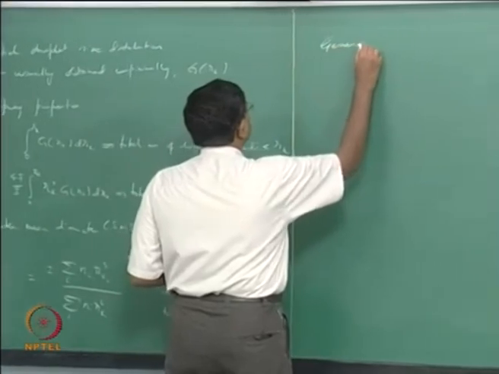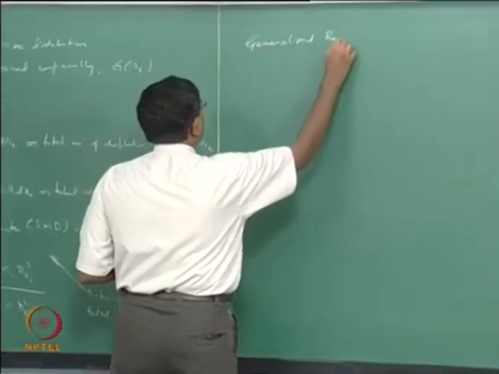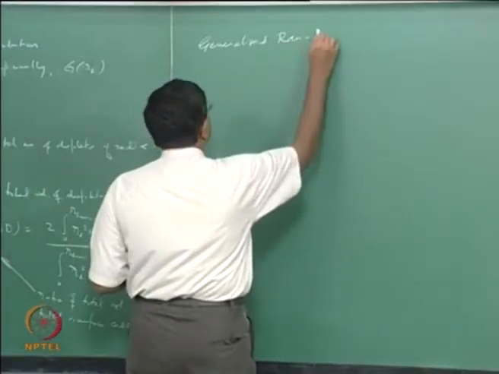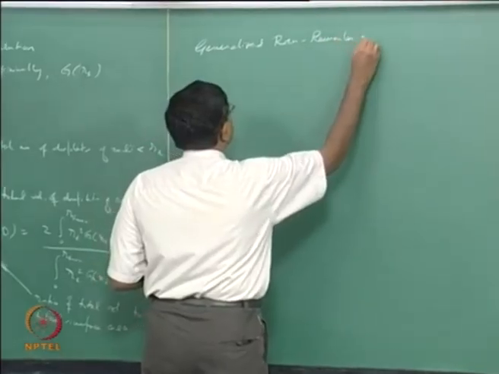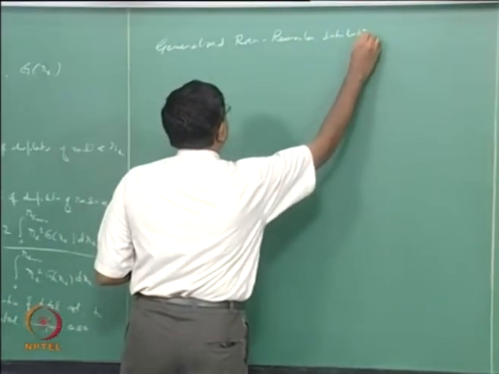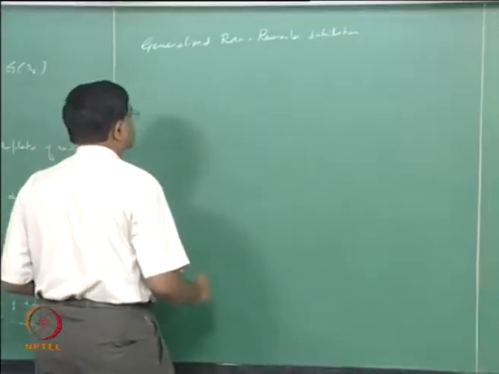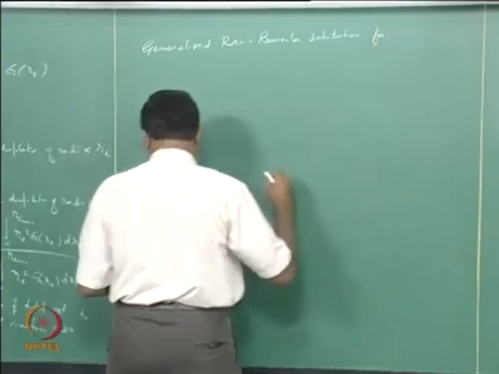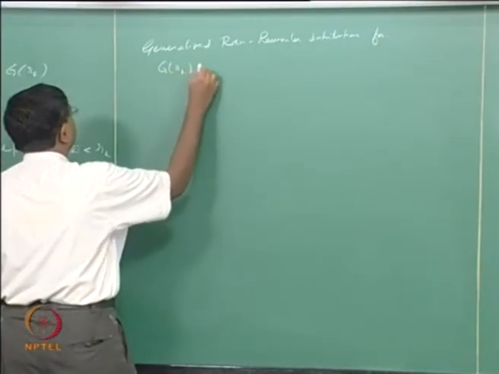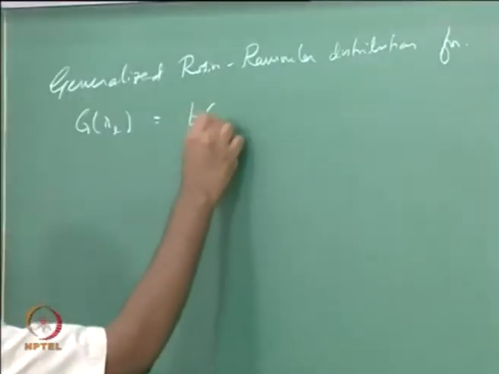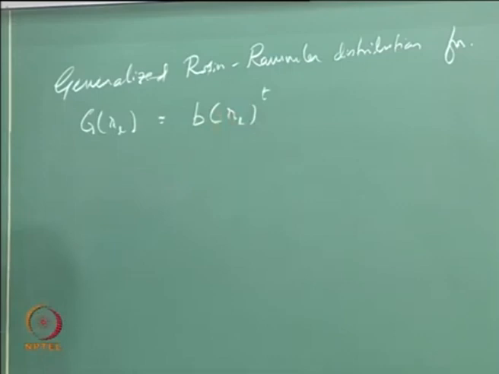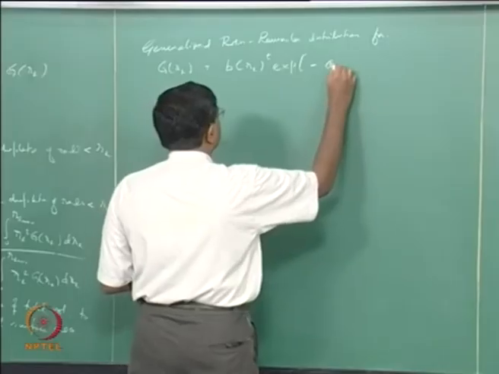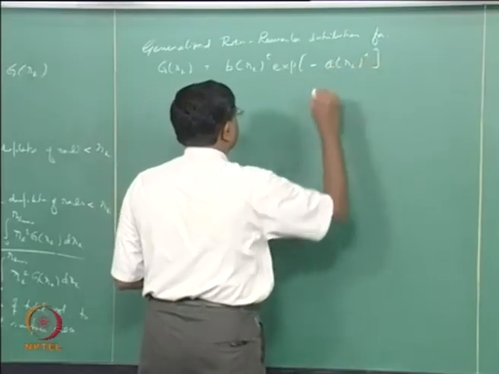So the generalized Rosin-Rammler distribution for sprays is a distribution function G of RL equals B RL to the power T, exponential of negative A RL to the power S.